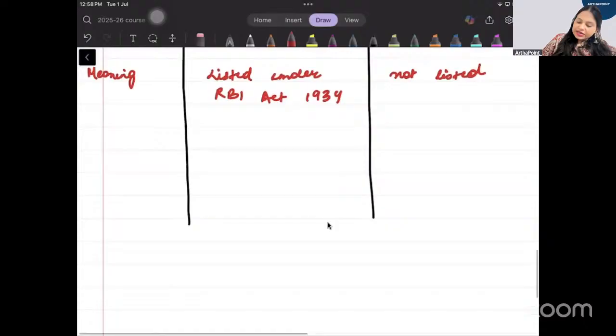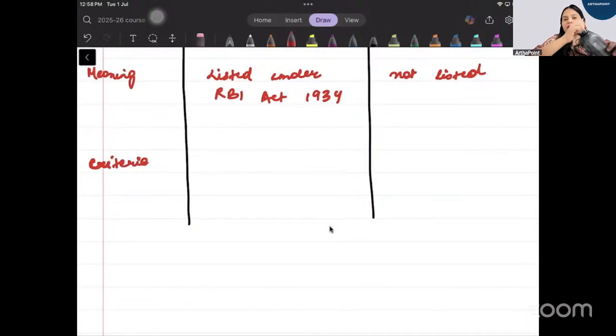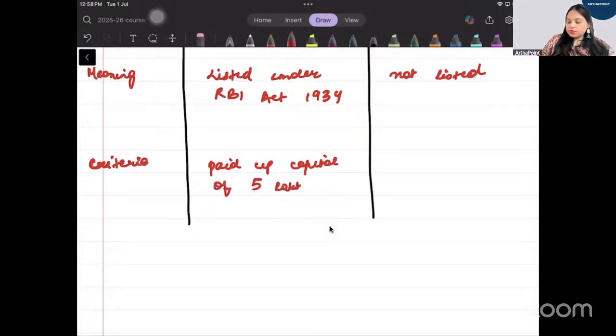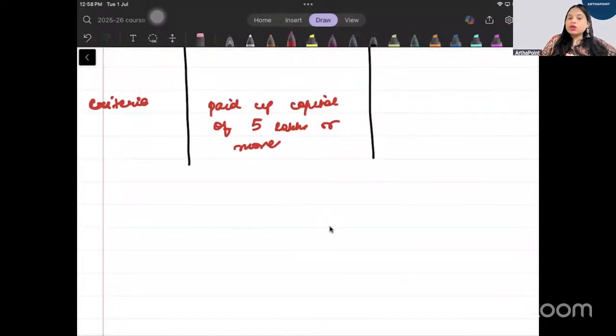ठीक है? Criteria. To become a scheduled bank, you must have a paid up capital of 5 lakhs or more. Right? You have to ensure that your affairs are not conducted in a way which is detrimental to the interest of the depositor.